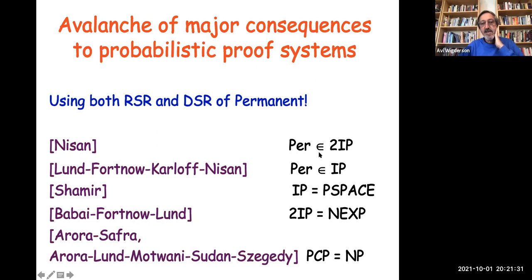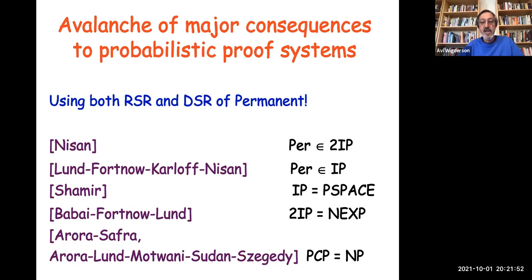And Nisan understood that the permanent has a proof system with two provers. I should say, the permanent, as I mentioned, is not likely to be in NP. It's above NP. So we don't expect a normal written proof for the permanent, so the fact that it has a proof at all of any nature is sort of stunning.